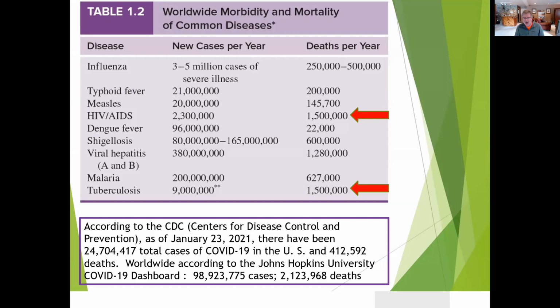And if you go to the Johns Hopkins University COVID-19 dashboard online, which is super interesting, you can get a sense of how prevalent COVID-19 is in the US compared to other countries. And I think you've probably all heard of this, but we're the number one country in terms of per capita cases and per capita deaths. I mean, we're so number one, there's nobody even close to us. And there's lots of reasons for that, which I won't go into here, but it's certainly worth pondering.